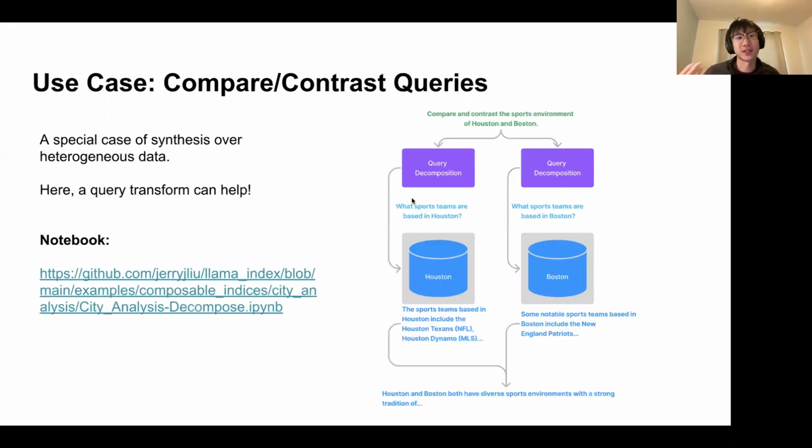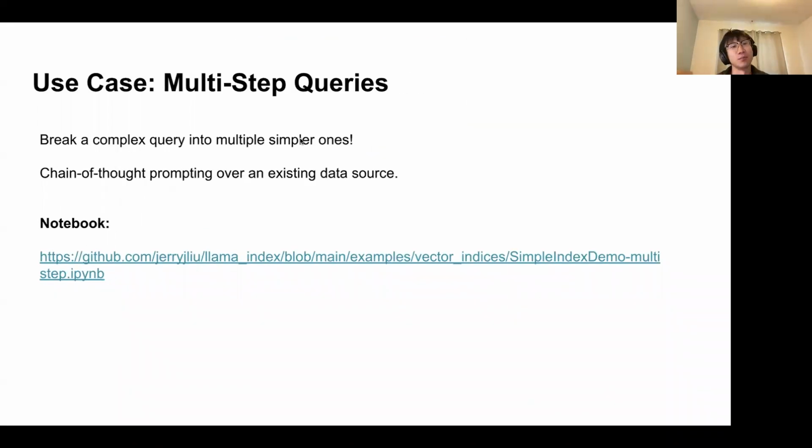Here, you can break down a complex query into multiple sequential queries over the same data source. If you're familiar with stuff like chain of thought prompting, self-ask, ReAct, that type of stuff, it really starts getting in the vein of that. But the difference here is it's very much in the context of what your data provides.